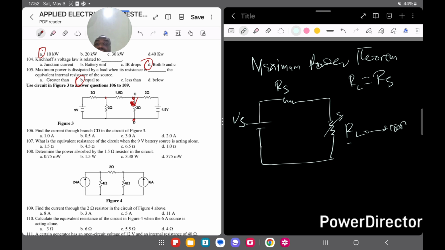The easiest one, and even if you look at the preceding question, is to use the superposition theorem, because of the subsequent question. Question 107 asks what is the equivalent resistance of the circuit when the 9-volt battery source is acting alone. So let's use the superposition theorem.